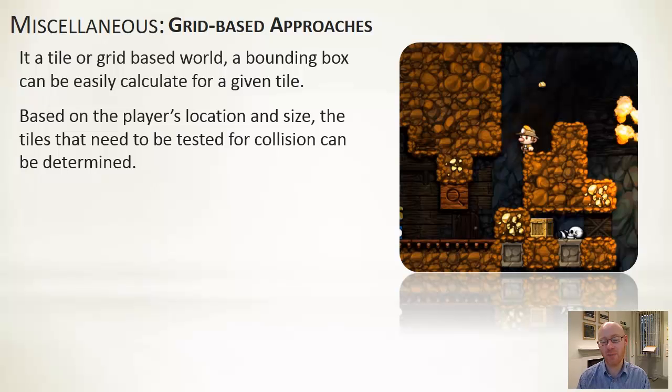That will give me a location within the world. And I can then take that calculated bound and compare it to the player's bound. And effectively, if they're overlapping, then move the player back and give the appearance of solidity.